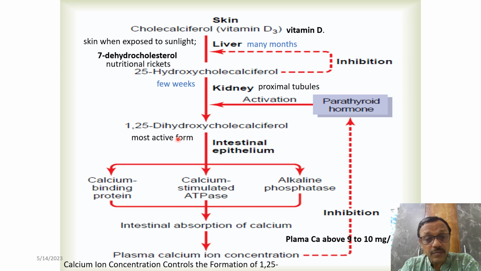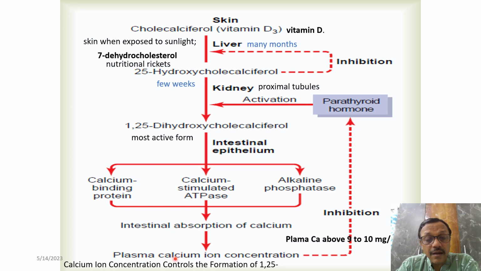So here we can see that this active form of vitamin D is going into the intestine, and by a certain mechanism the intestinal absorption of calcium is increased, bringing it back towards the normal level.